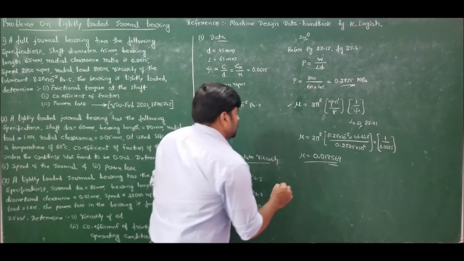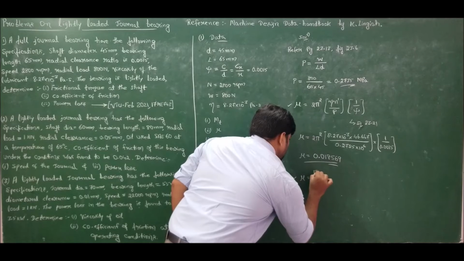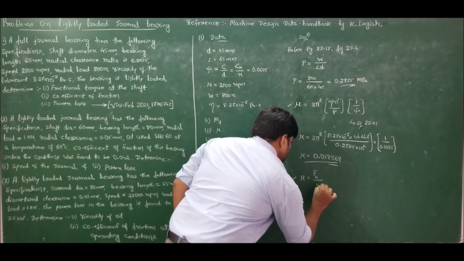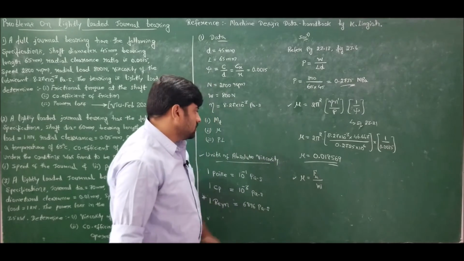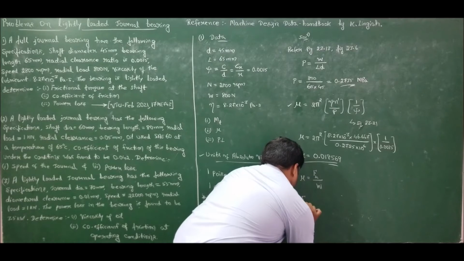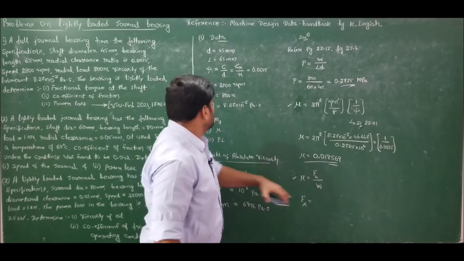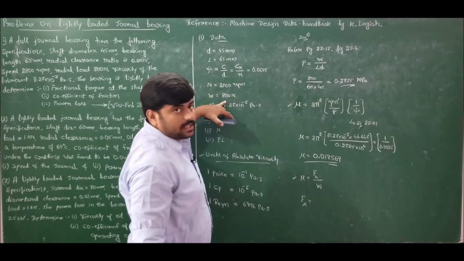Now we know that coefficient of friction mu is equal to frictional force divided by load applied. Correct? So therefore, how much is the frictional force? Frictional force F is the load times the coefficient of friction. Load is already known, which is 800 Newton.